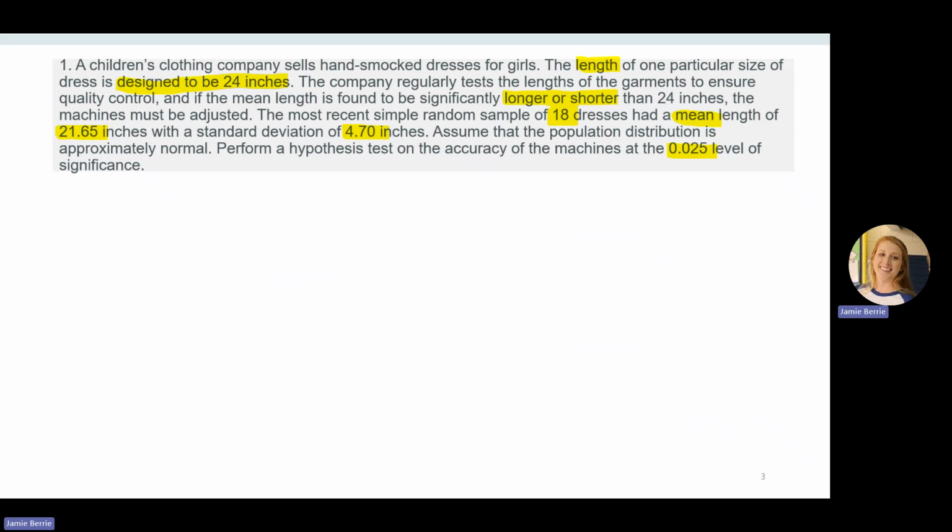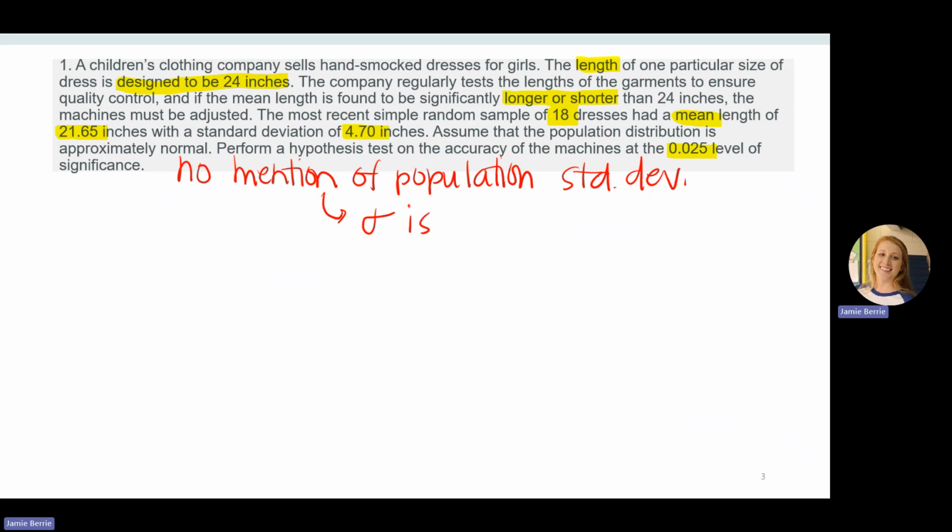A couple things that I noticed here. There was no mention of the population standard deviation. I did not see the phrase population standard deviation anywhere in this problem. So that means sigma is unknown. If sigma is unknown, we cannot do a z-test.